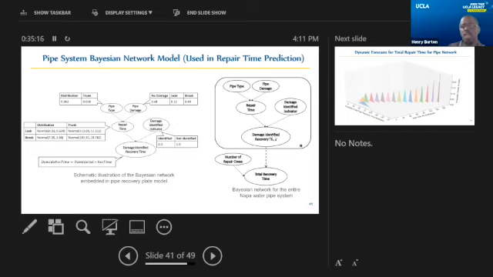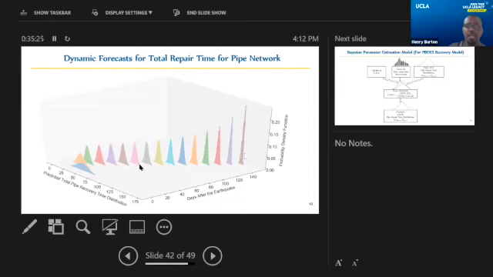Then we use a plate model, which basically replicates the network for the individual pipes across the entire system. What we see here is how the distribution of the total repair time for the pipe network evolves over time. On one horizontal axis is the time after the earthquake, and on the other horizontal axis is the distribution of the pipe recovery time.